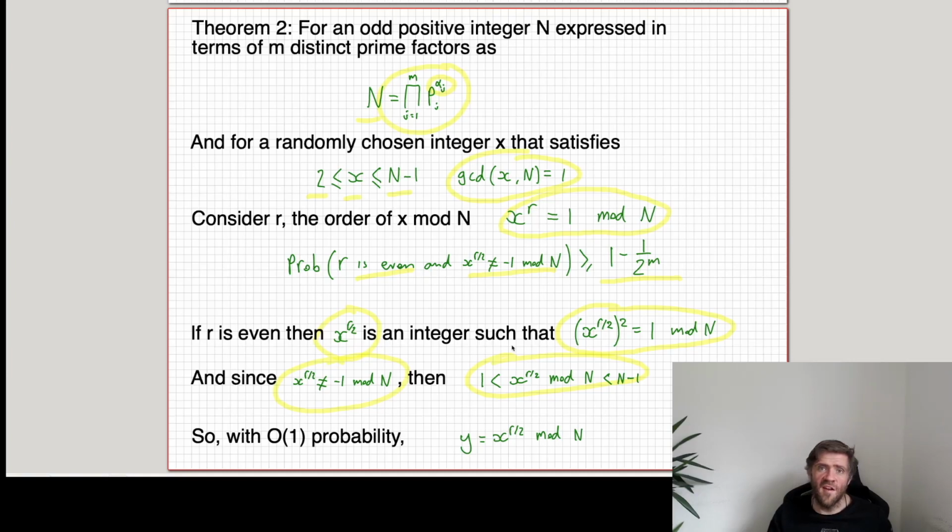So these conditions are such that x to the power of r over 2 can serve as a valid y that we would use in finding a factor. So with probability at least 1/2, when we choose a random integer and calculate the order of x modulo n and stick it into this equation, we will get a y that we can use, given our previous theorem, to find a factor.